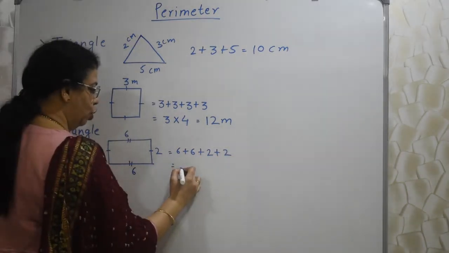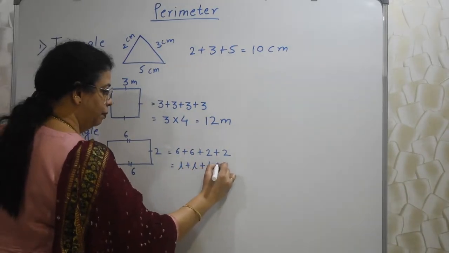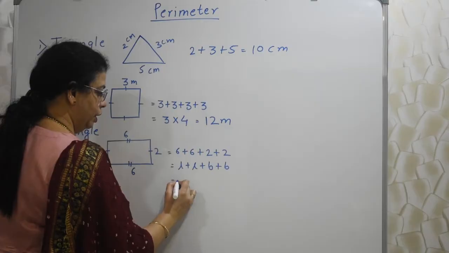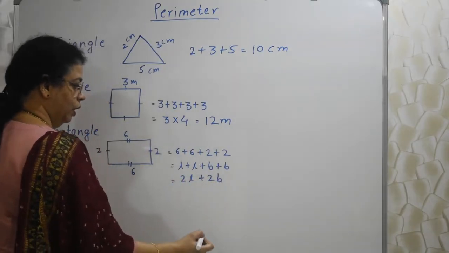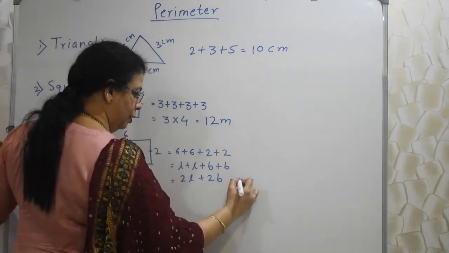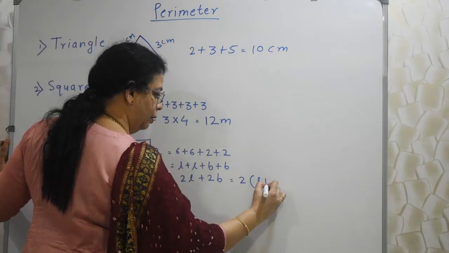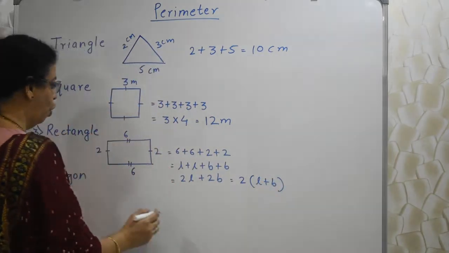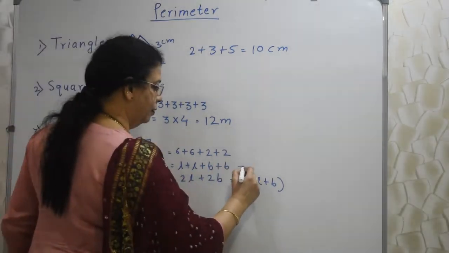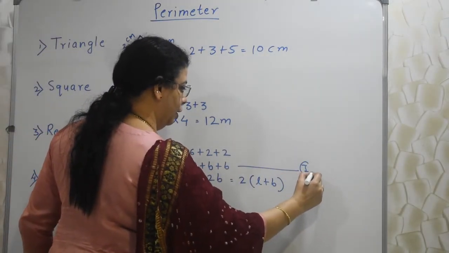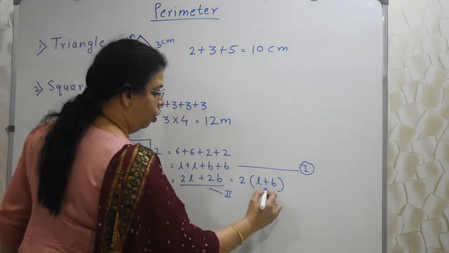So, in short, it is length plus length plus breadth plus breadth. So, it is 2 times length plus 2 times breadth. You can write it by taking 2 common, 2 times length plus breadth. So, the formula for a rectangle can be this or this.